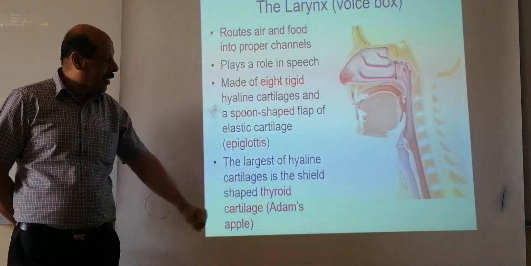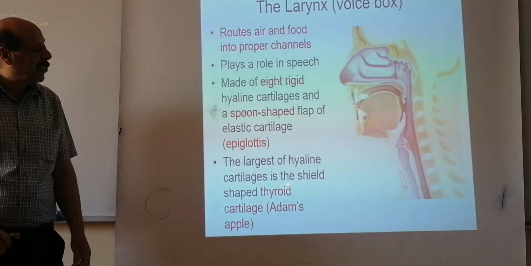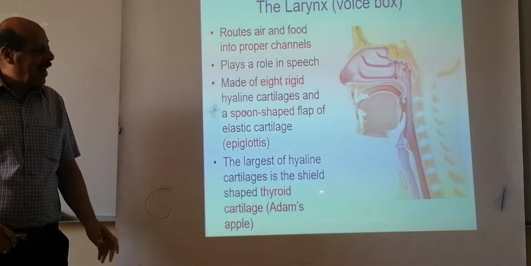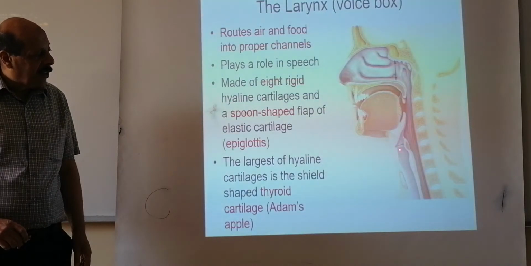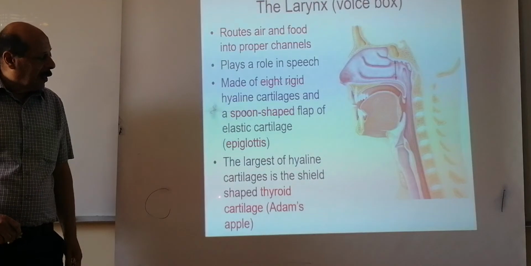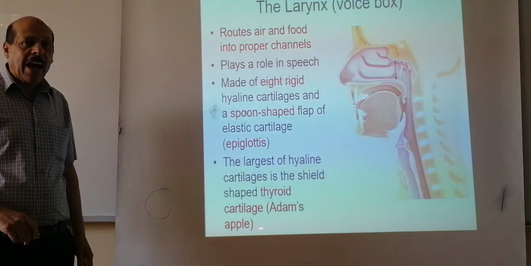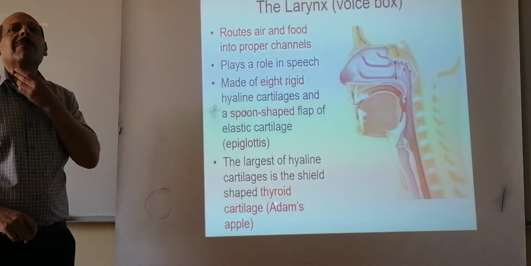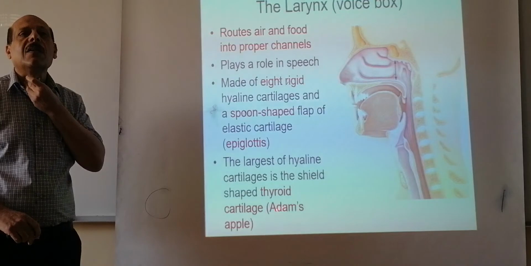The largest hyaline cartilage is like a shield. Here there is a large cartilage, the thyroid cartilage, or what we call the Adam's apple. This part is like a shield.